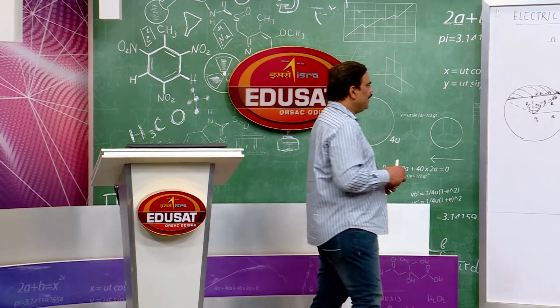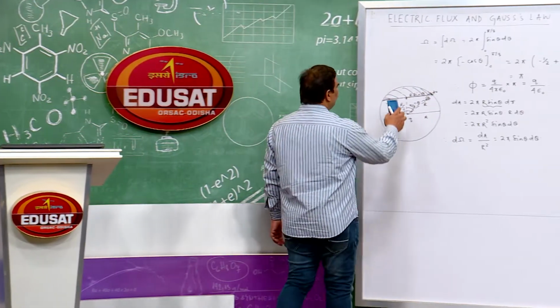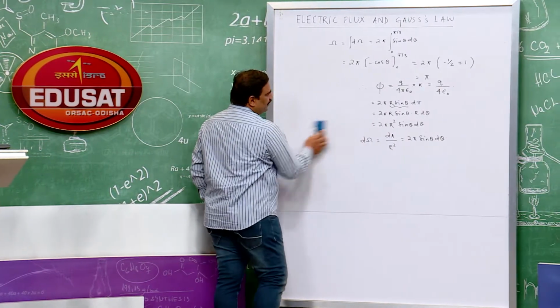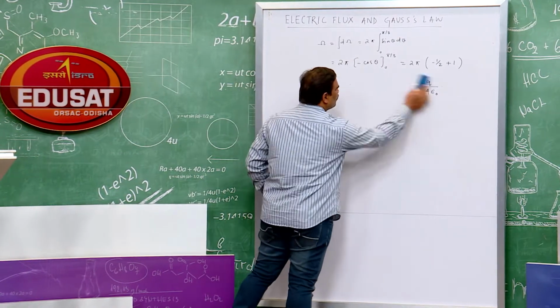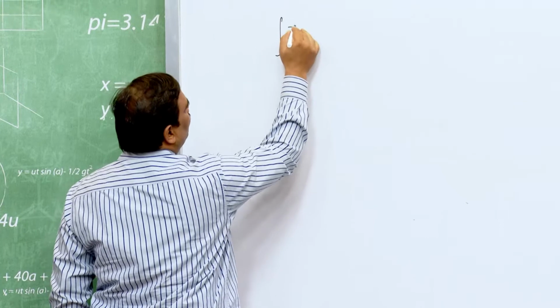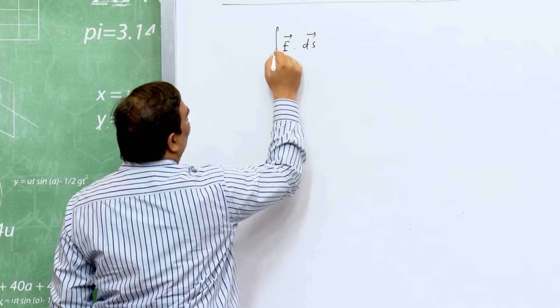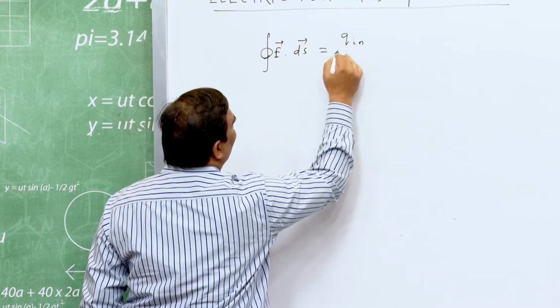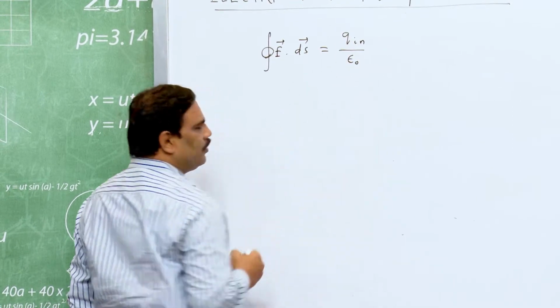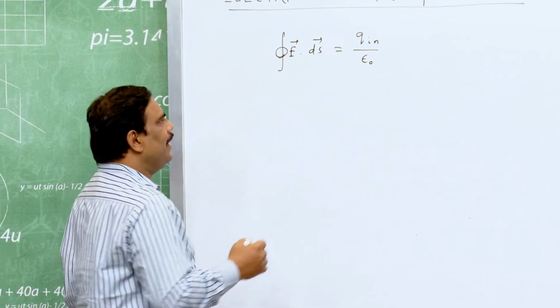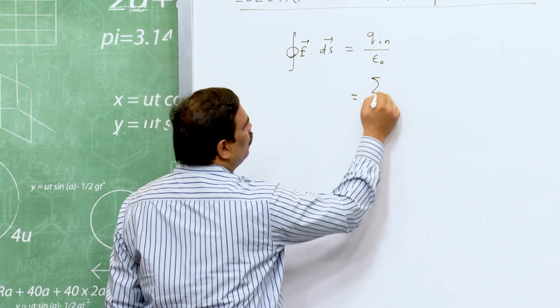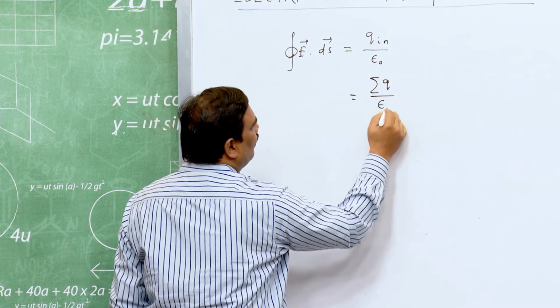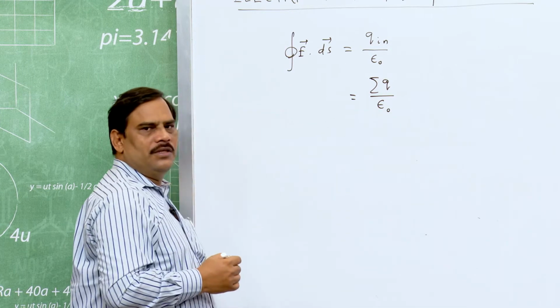It is mathematically represented by integration E dot ds, the total flux, over a closed surface is charge q inside divided by epsilon 0, or we can write the summation of q, the charge enclosed, divided by epsilon 0 within the surface.